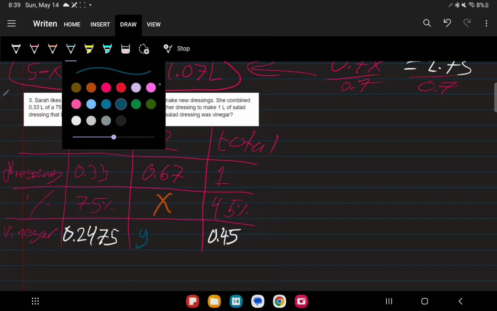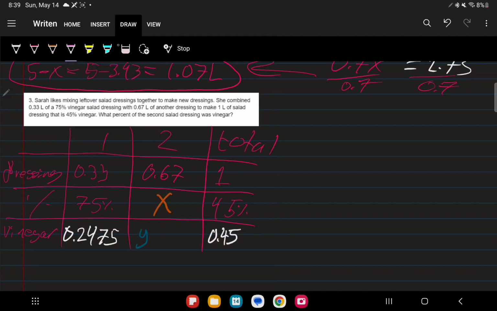Let's pick a different color so you guys can see it.